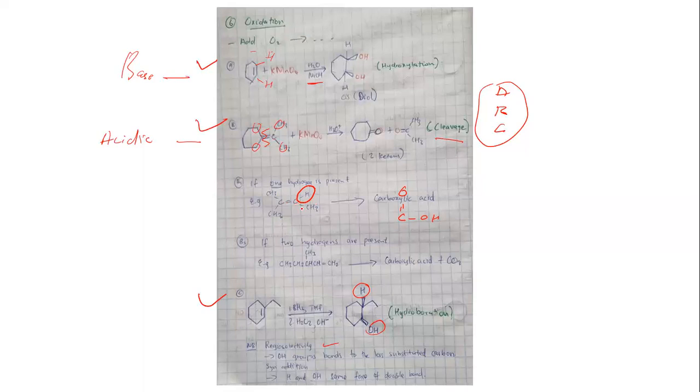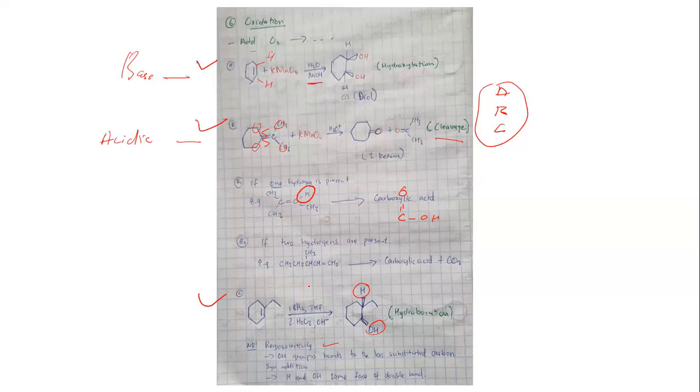Just know that when you have 1 hydrogen atom present, the reaction will continue by forming a carboxylic acid. But remember, the reagent is still the same, potassium permanganate under acidic conditions. Be careful. That's why it's a subdivision, because you're still under acidic conditions.